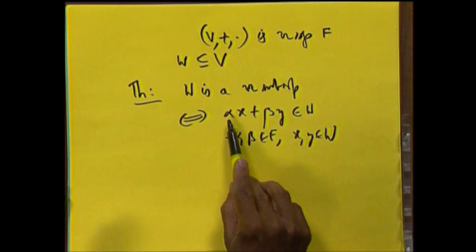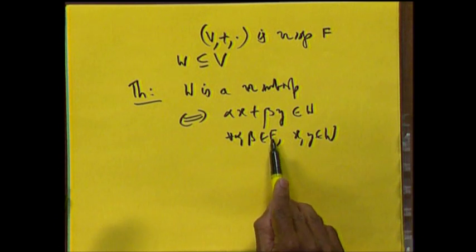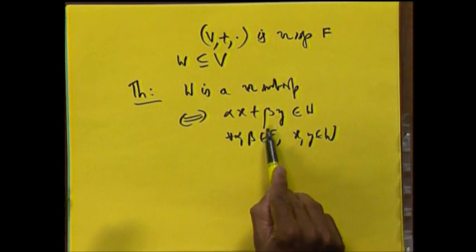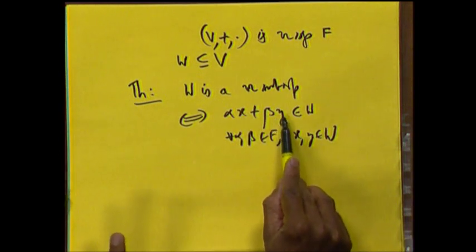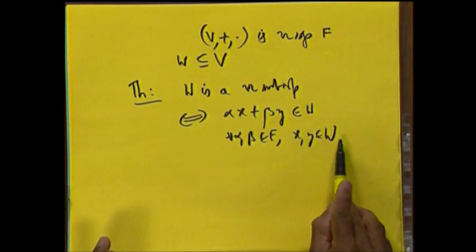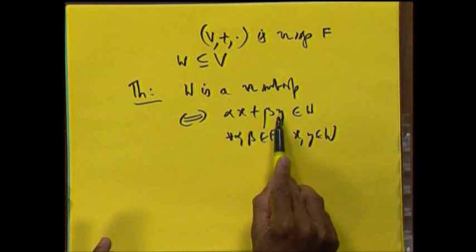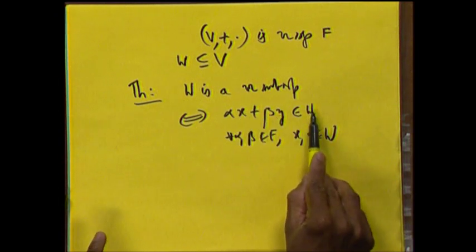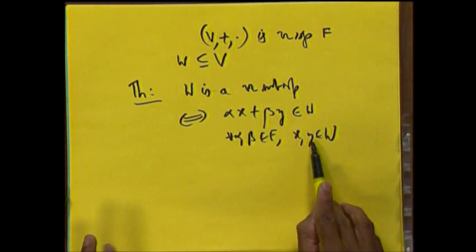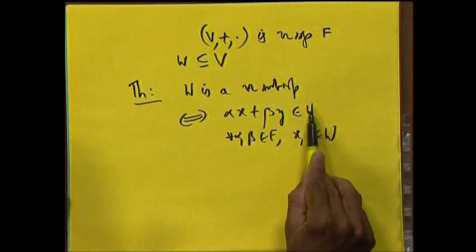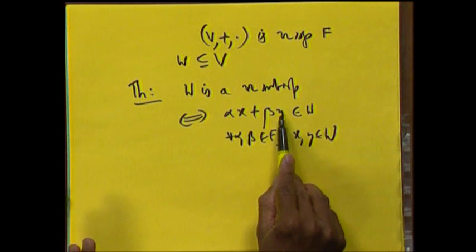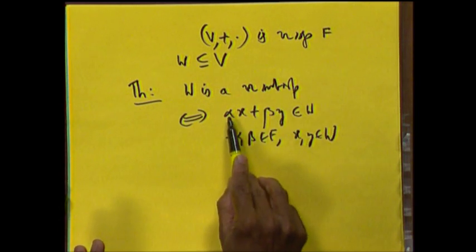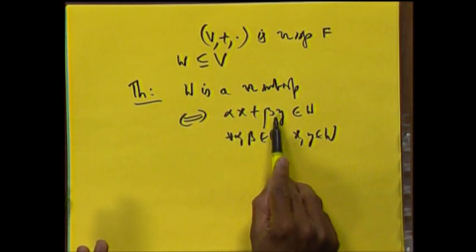Conversely, let us assume this, then we can obtain this. If you take alpha equal to 1 and beta equal to 1, where 1 is the multiplicative identity, 1 into x becomes x, 1 into y becomes y, and for x, y belonging to W, 1 into x plus 1 into y is x plus y, that is in W. Means if you take two vectors in W, their sum is also in W. If you take beta equal to 0, 0 into y becomes 0, and alpha into x plus 0 becomes alpha x.